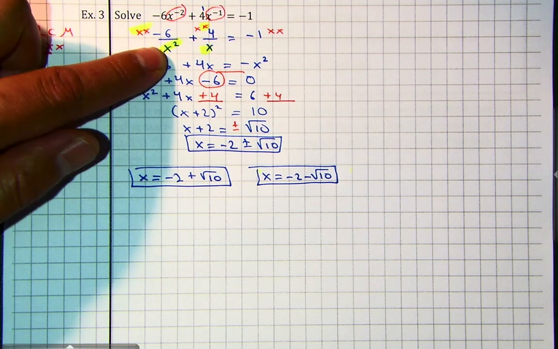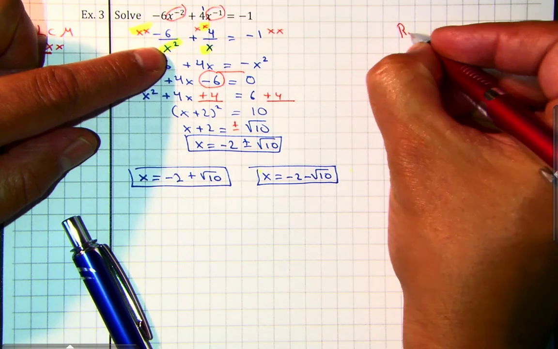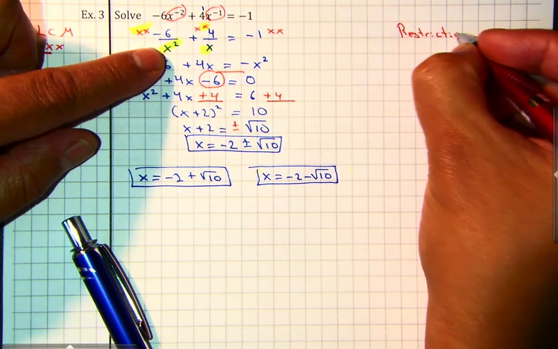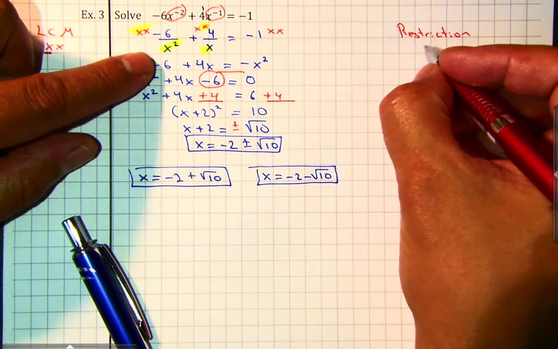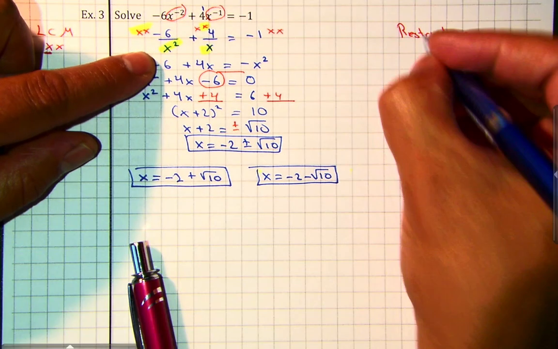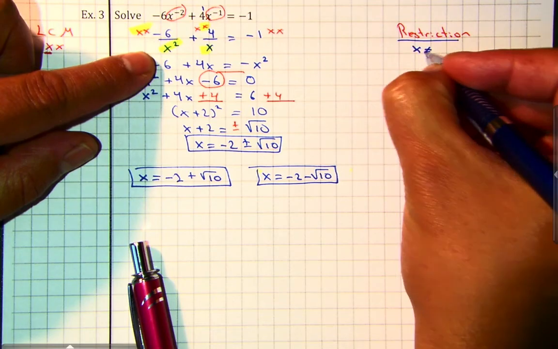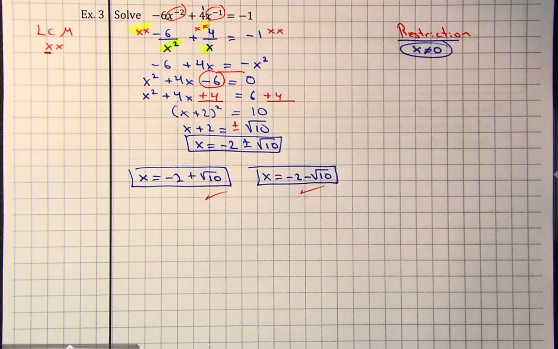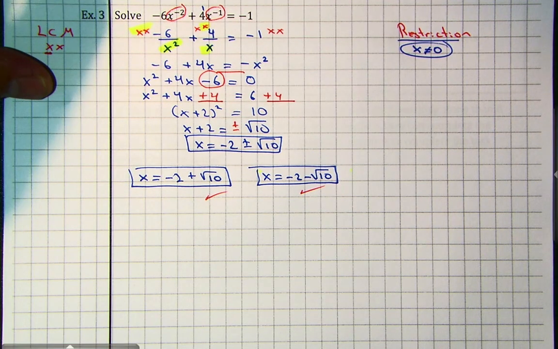My only restriction in here, what value will make my denominator 0? 0. X cannot be equal to 0. So therefore, both of them are correct. And this is a very common question on your SPEC.